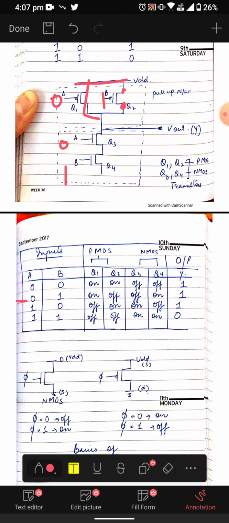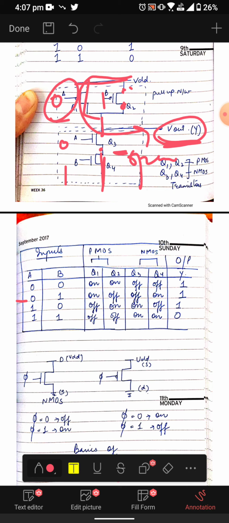What will happen to A? It will be an open circuit, and B will be a closed circuit. So what will we get at the output? At the output we will again get VDD, which will be shorted through transistor Q1, but because Q3 is open, V out will continue to remain at logic level 1.